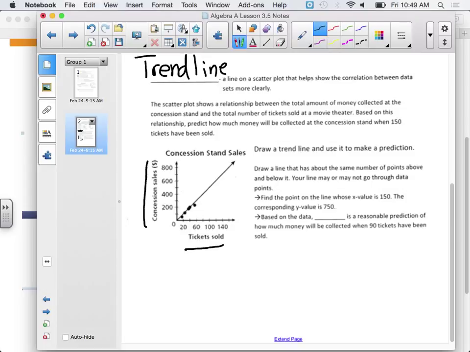Right, it's going by 20, so it's 20, 40, 60, 80, 100, 120, 140, and then this tick mark is 160. So if we're looking for 150 tickets, where would we go? In between them, right?